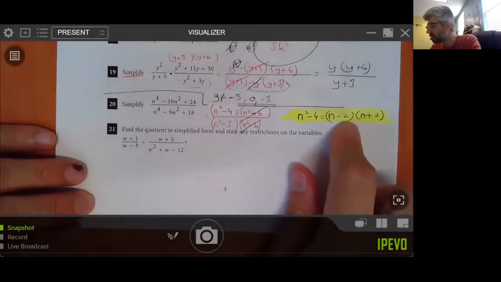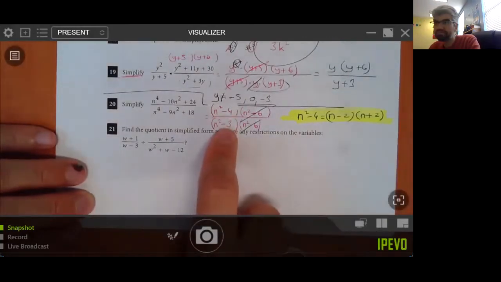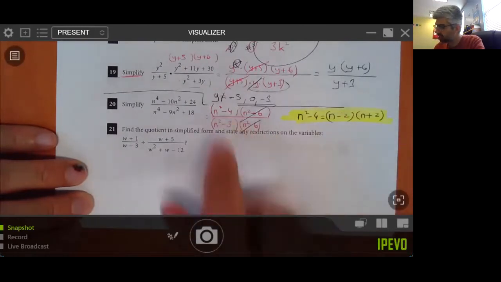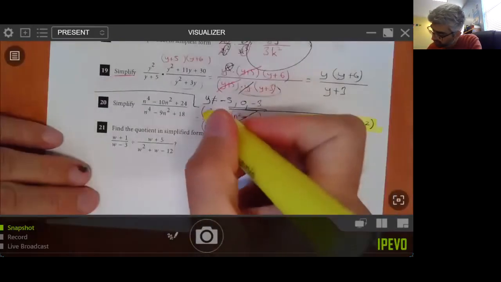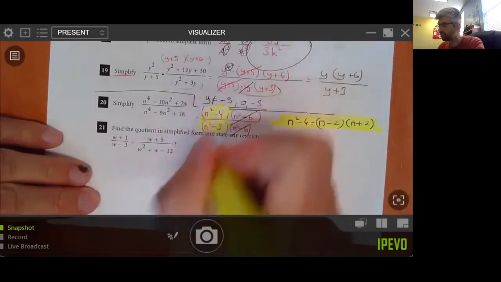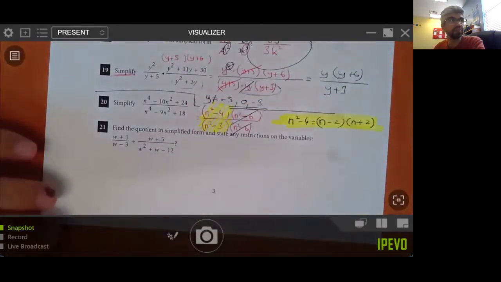But we have n minus 2, n plus 2. This is n squared minus 3. No, because I will have n minus square root of 3 and n plus square root of 3. No common factors. It means this is the simplest form of the given expression.